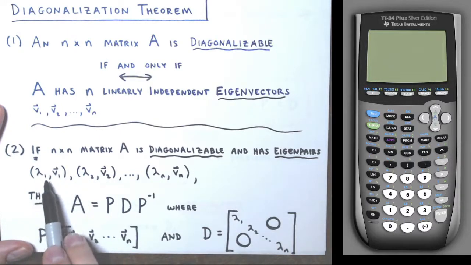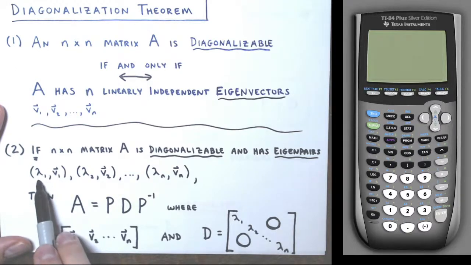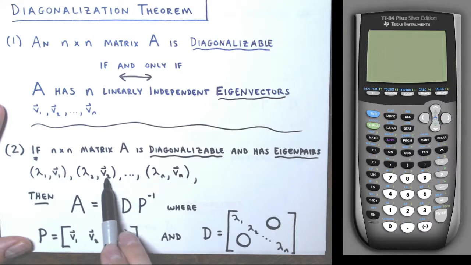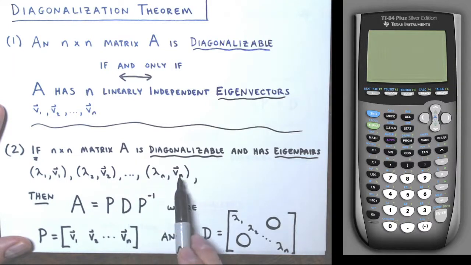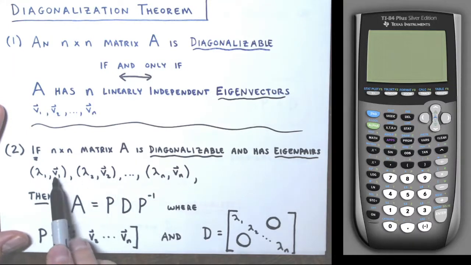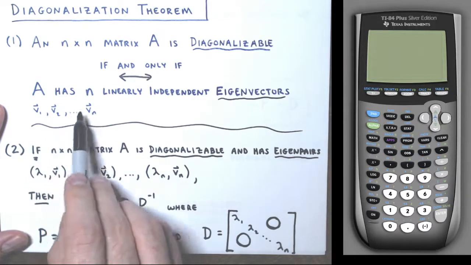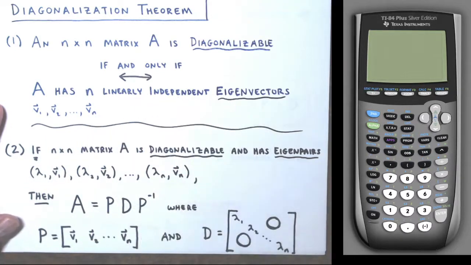Remember what an eigenpair is. I'm assuming that also. Lambda 1, an eigenvalue with a corresponding eigenvector v1, lambda 2 v2, all the way to lambda n and vn. Again, where v1, v2, all the way to vn are these linearly independent eigenvectors.